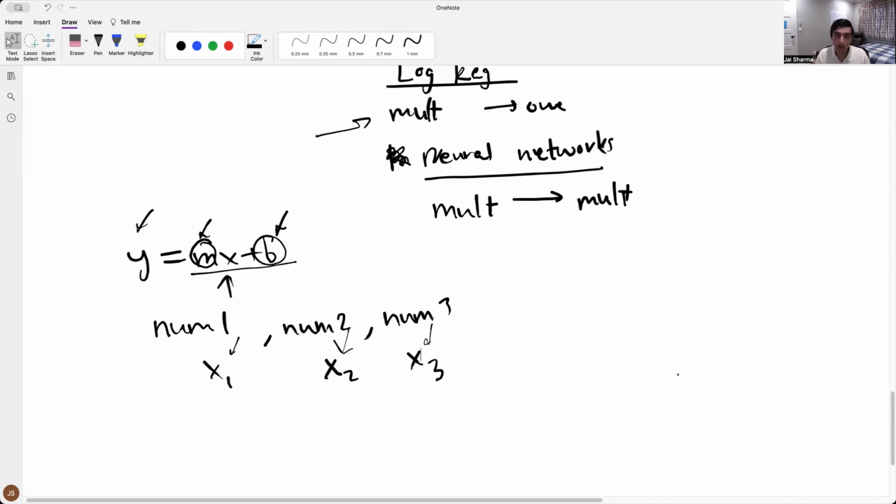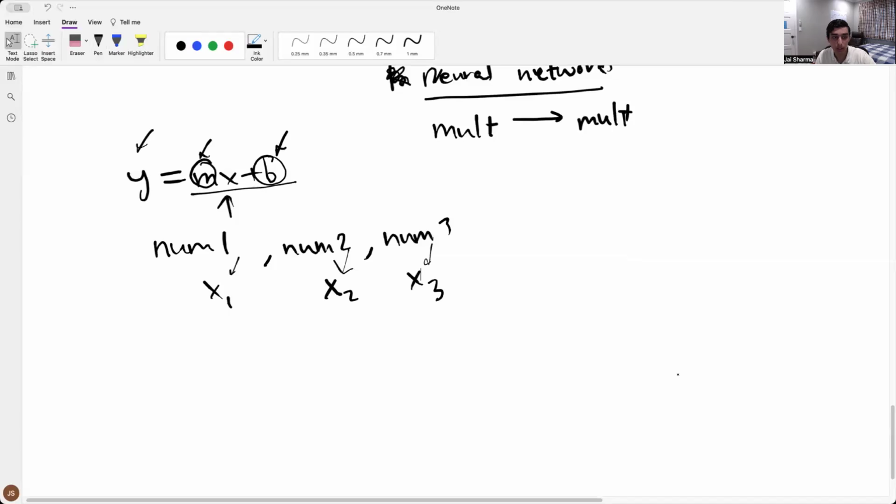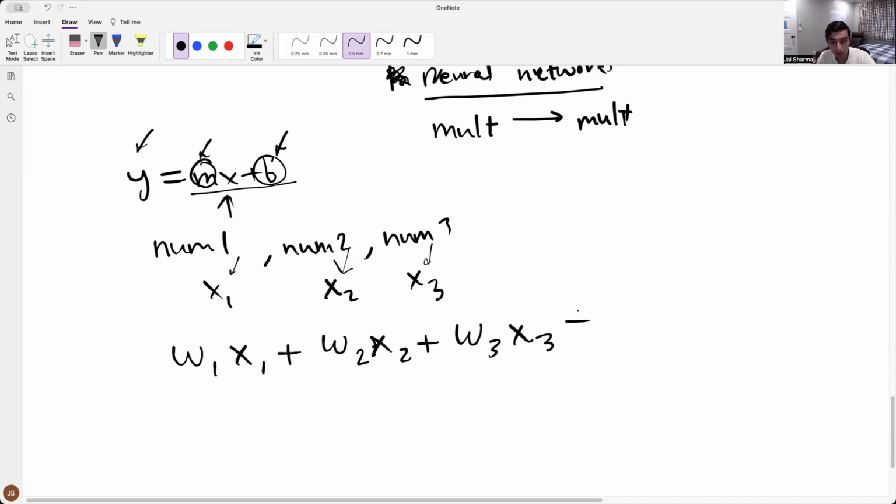And then we could find a way to combine these through what we call a linear combination. All I'm doing in a linear combination is, let's say we have W1 times X1 plus W2 times X2 plus W3 times X3 plus B. And that is our new definition for y.